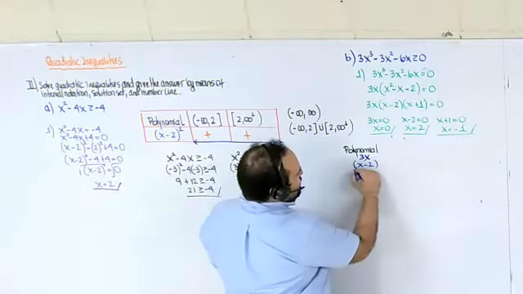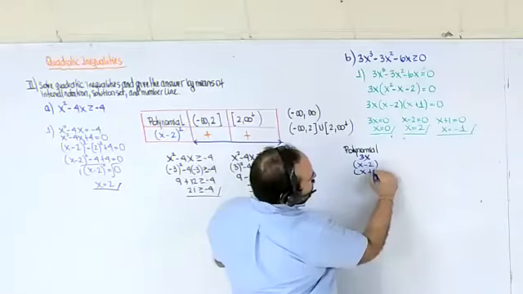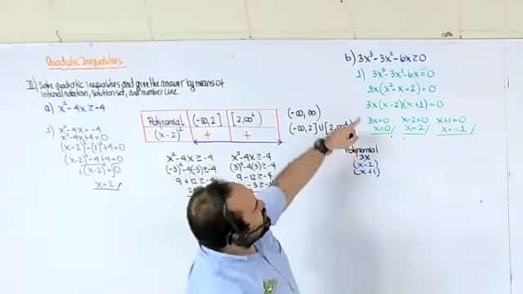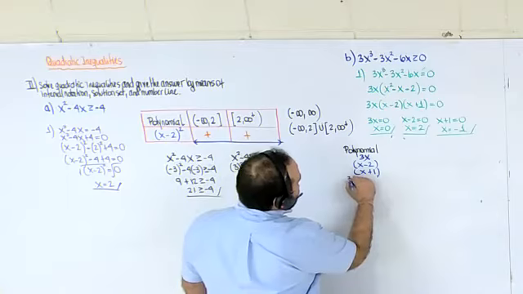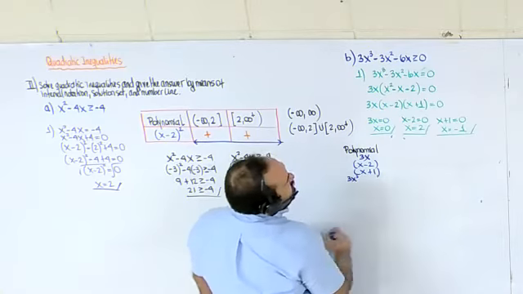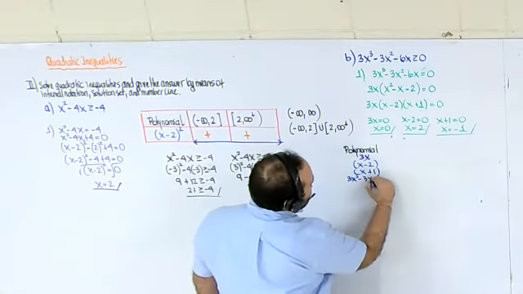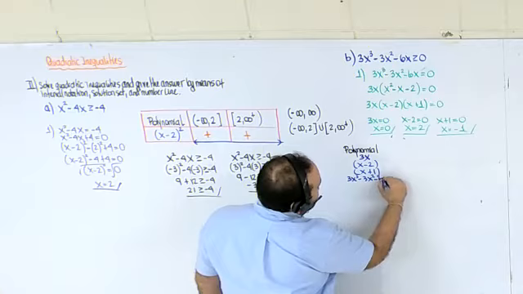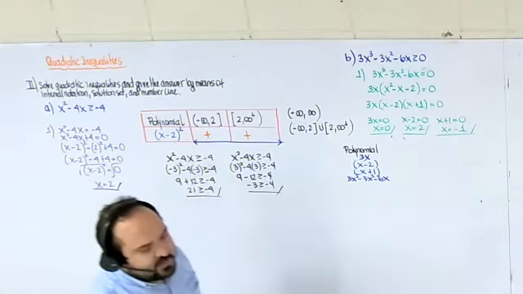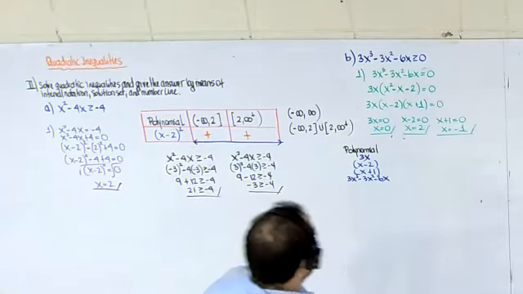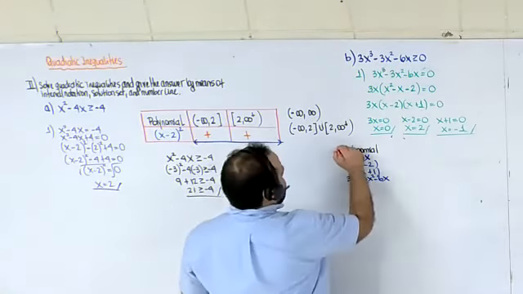The third one, x plus 1. And the last one is the product of the three terms, that will be 3x cubed minus 3x squared minus 6x, okay? And this is going to be the first column.